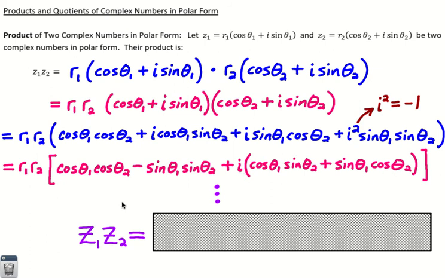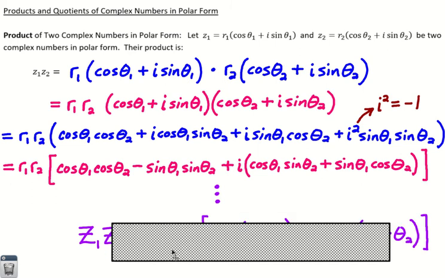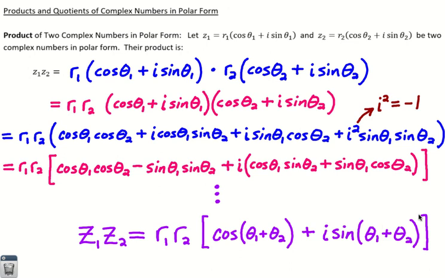But I'm trying to fast track this, because the bottom line is that you end up with this as a final formula for the product of two complex numbers that are in polar form.